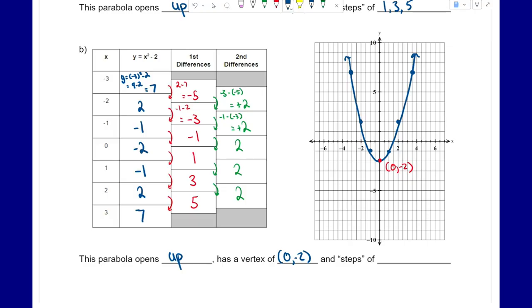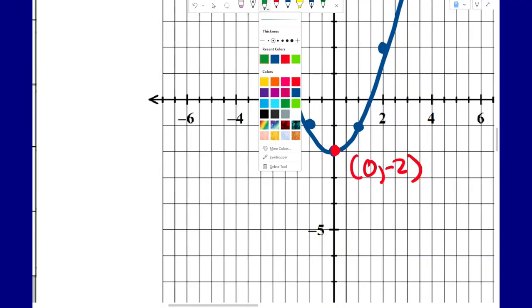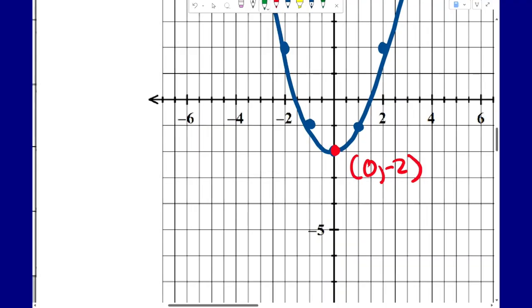And the steps. So again, I'm going to go to my vertex. I'm going to go one direction, left or right. This time I'm going to go left just to show you it does do the same thing. So I go to my left 1 unit based on the scale, and I go up, and however many I have to go up or down, depending, is going to be my first step. So in this case, the first step is 1.